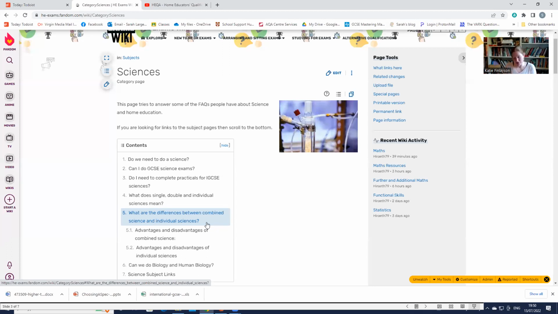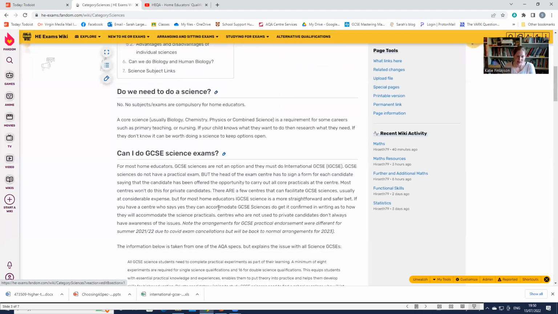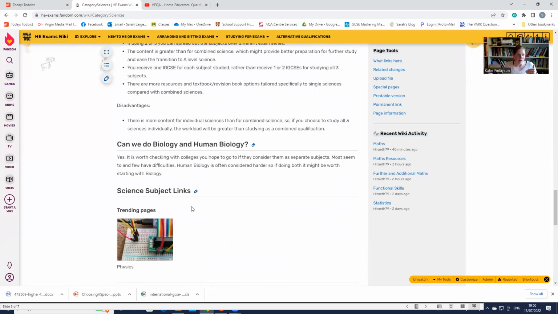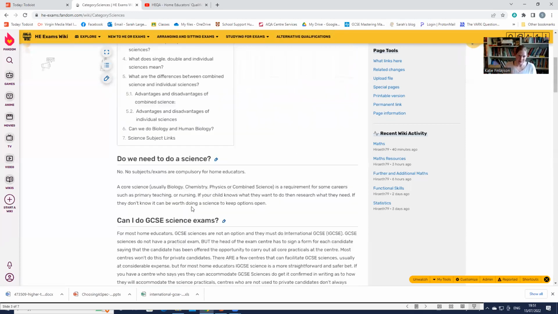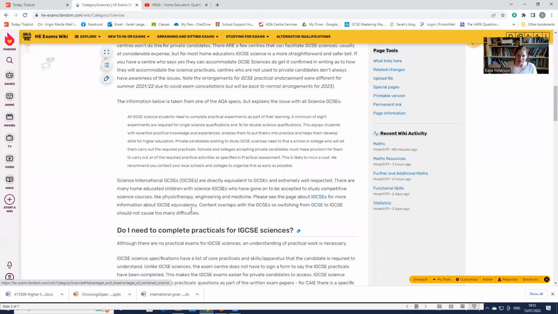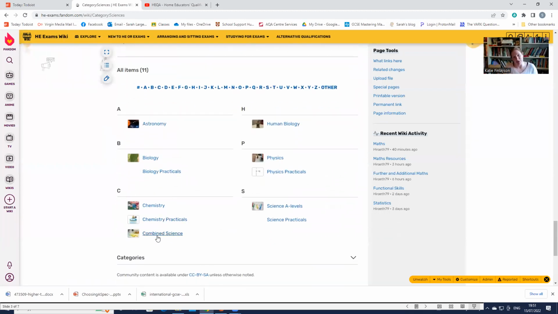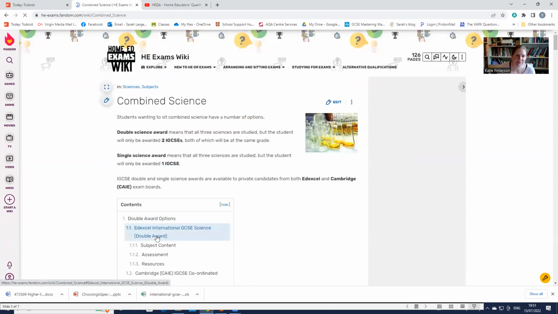So if you're doing the double science award across all 3 sciences, your paper 1 will, if you're doing a single physics, say, your paper 1 will say it's double science, because that paper is shared. And then if you're doing the single award, you do an extra paper with the extra content in it.